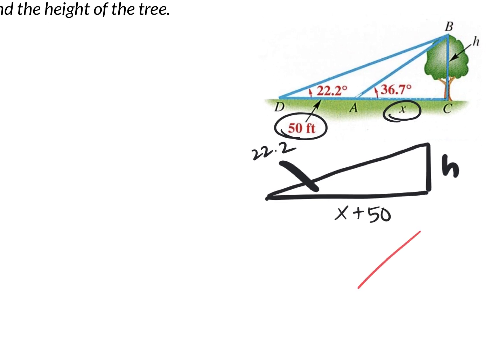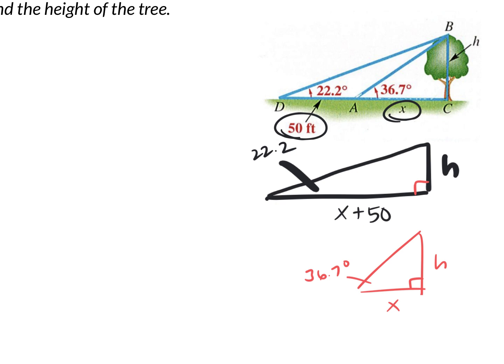Then I've got another triangle here. This is h, this is just x, and this is 36.7 degrees. We can assume that this is a right triangle for all these problems.